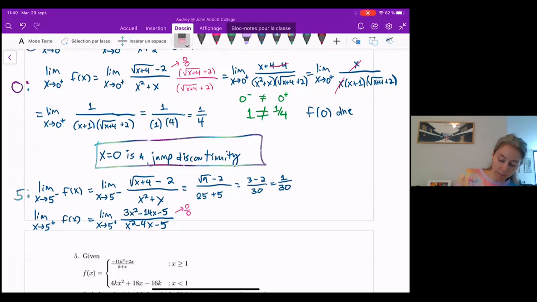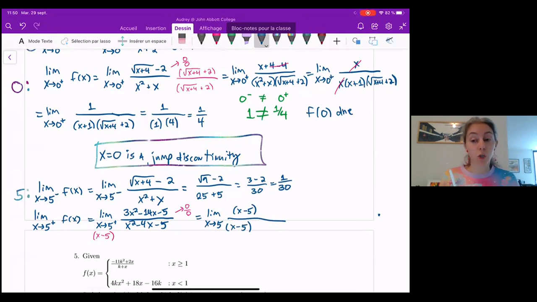So what that means is I'm going to have to factor this thing, and I know that I have a factor of x minus 5, so that gives me the limit as x approaches 5 of x minus 5 over x minus 5. So notice that 0 over 0 that's showing up, the same thing that we had to figure out when we were creating a function that had a removable discontinuity.